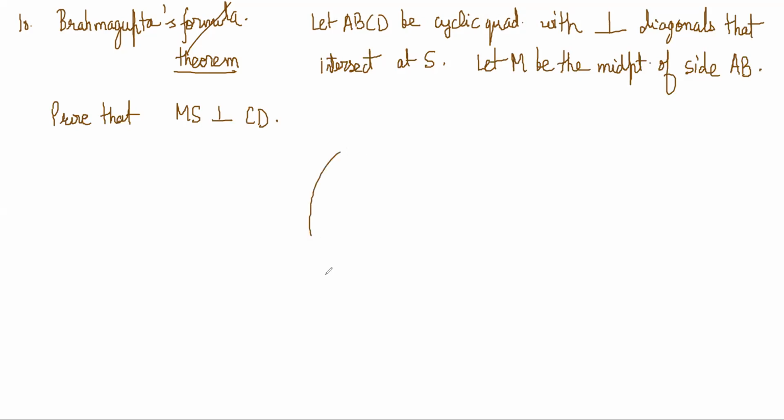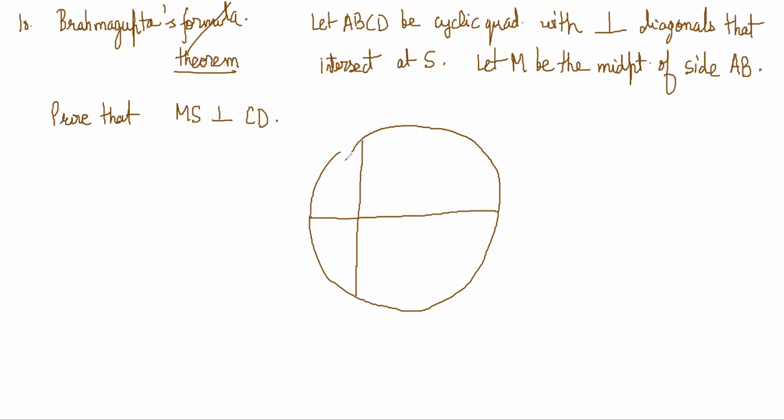So let's draw. I want a cyclic quadrilateral with perpendicular diagonals, so I'll first draw the diagonals. This is my quadrilateral A, D, C, B. This is my cyclic quadrilateral, and the diagonals are perpendicular.